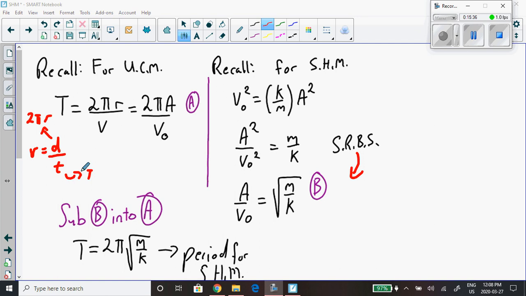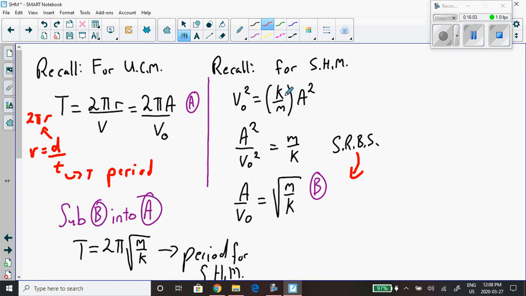And to go around once is called period. Let's rearrange this equation and we get time is equal to distance divided by speed. Well, there's our circumference 2 pi r. But in the example we just had, the radius was a. And the speed with which it was moving around the circle was not just any v, it was v naught.